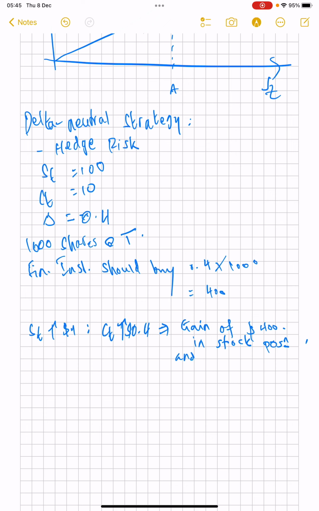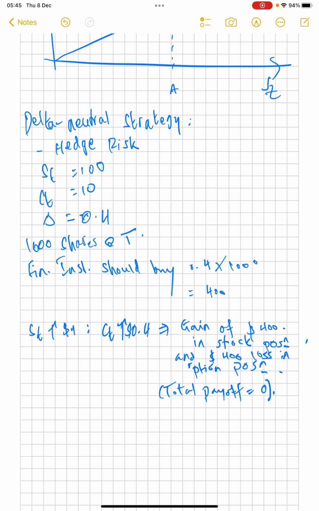And a $400 loss in option position. So therefore you have the total payoff of 0.